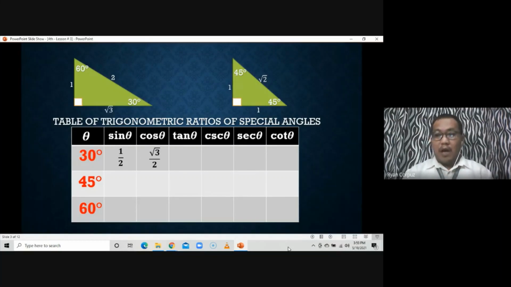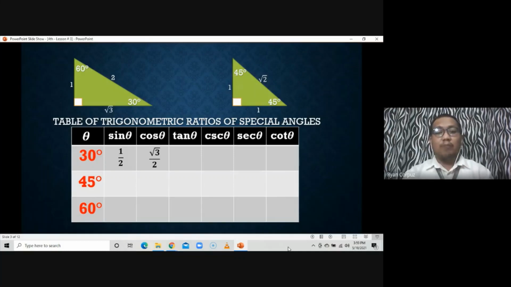Remember how we simplify radicals? When we see a radical in the denominator, that means the given expression is not yet in simplified form unless we remove it by the process of rationalization. We can remove square root of 3 in the denominator by multiplying both numerator and denominator by square root of 3. Square root of 3 times square root of 3 is square root of 9, and the square root of 9 is 3.